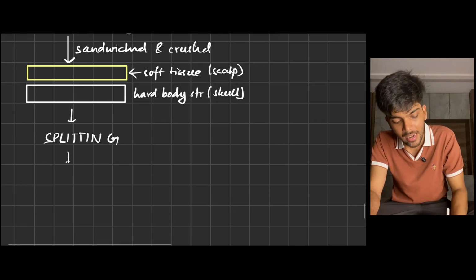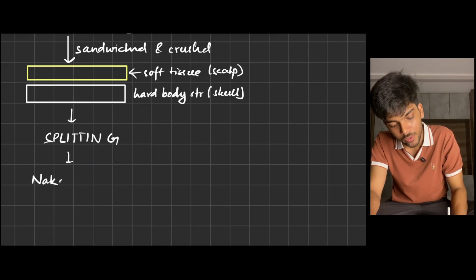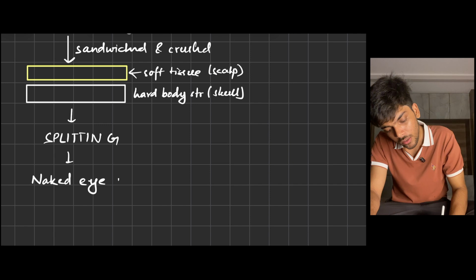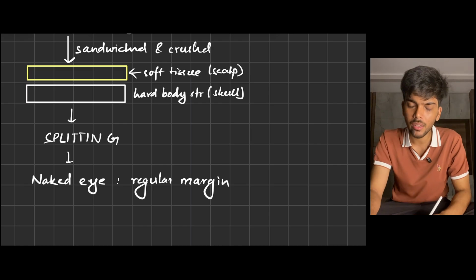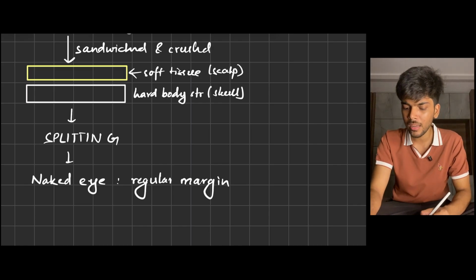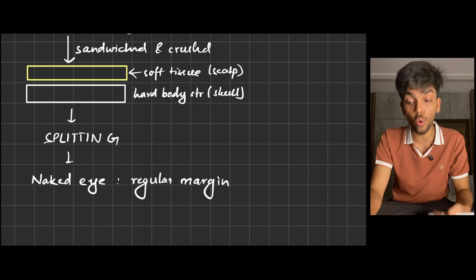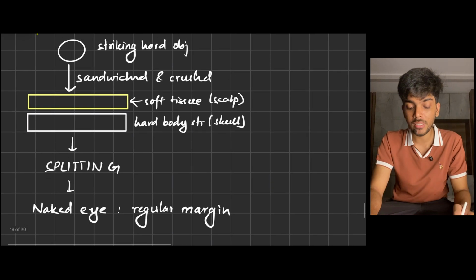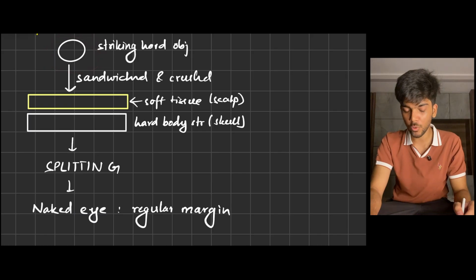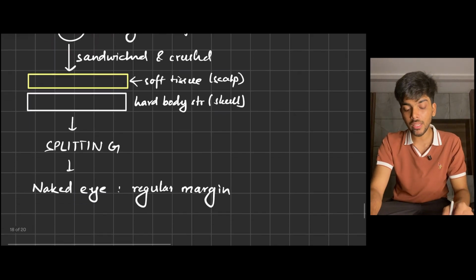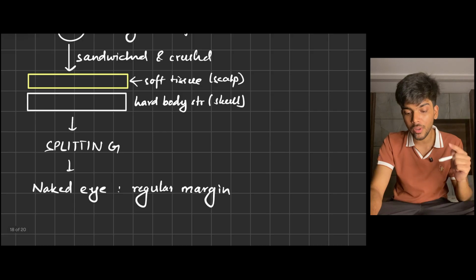But with the naked eye, you can see a regular margin. Now, laceration has an irregular margin, incision has a regular margin. That means, is this an incision? No, because the injury is a result of blunt force. So it is laceration, but the margin seems regular to the naked eye.